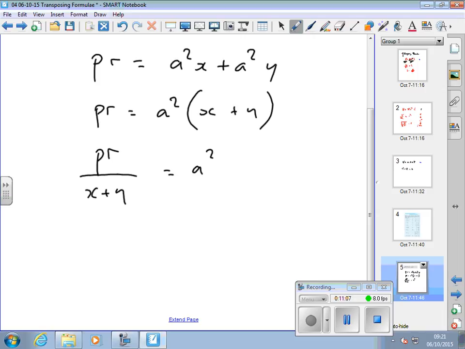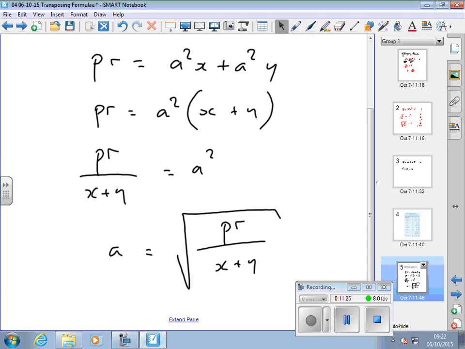And then finally, last step. It's often the last step when it's squared. It's almost invariably the last thing you do is square root once you've got the a squared on its own. And at the same time I move that to the left, so a equals the square root of PR over x plus y. But hopefully you can see those steps, and if they didn't come to you instantly, well, that's only a matter of practice.